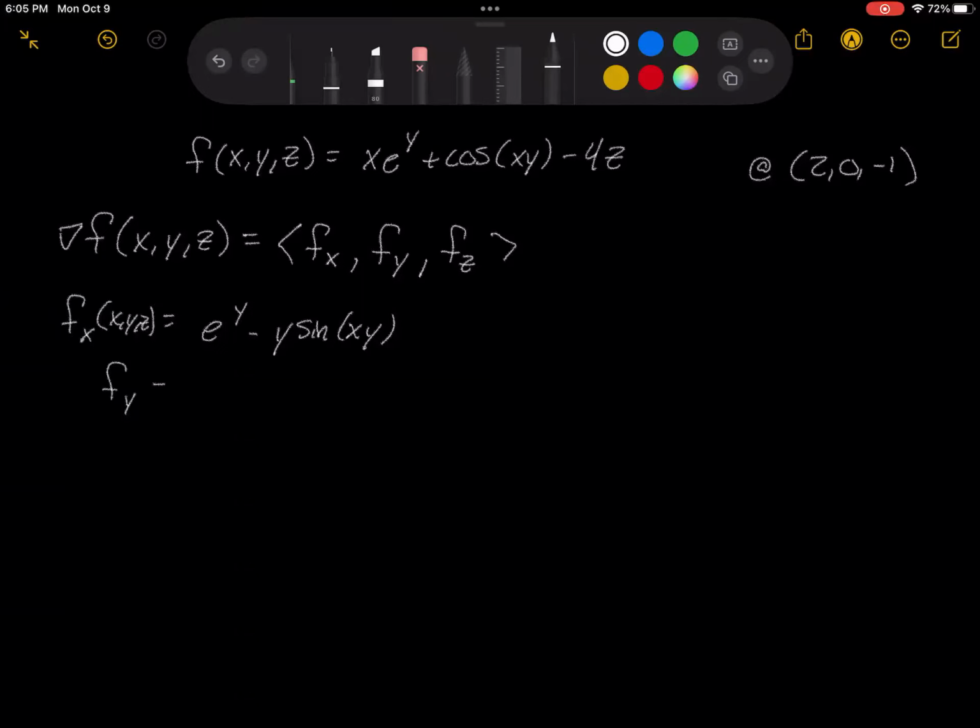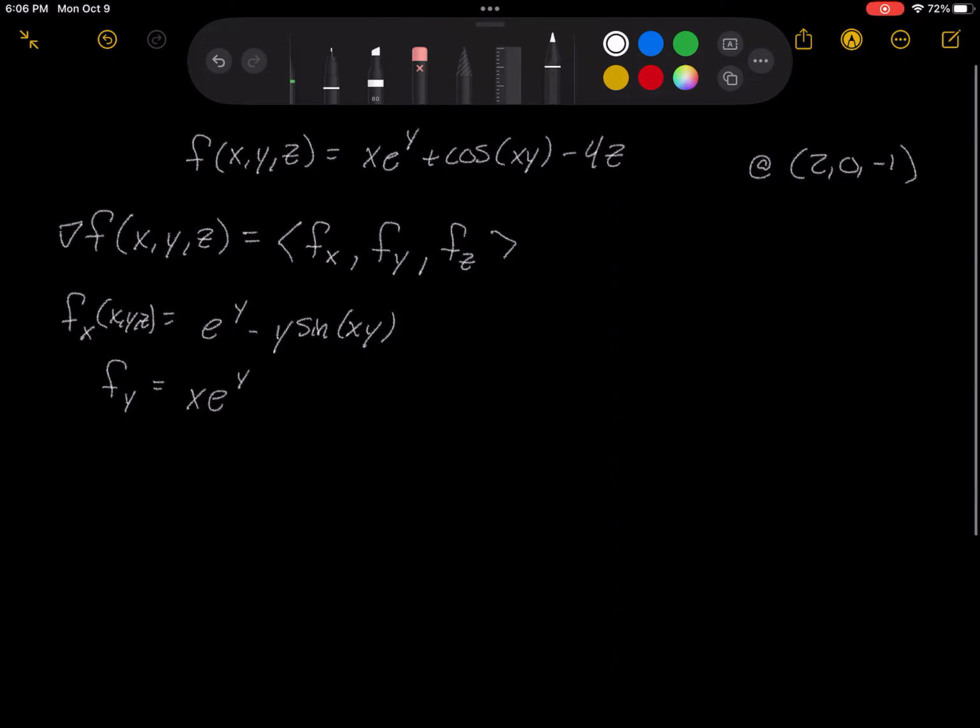My shorthand, I'll just leave off the x, y, z. We'll understand that this is a function of x, y, and z. The partial derivative of f in the y direction is x e to the y minus x sine xy. And the partial in the z direction is minus 4.